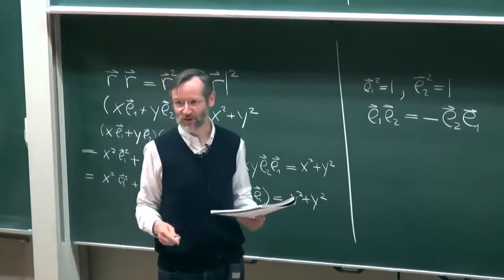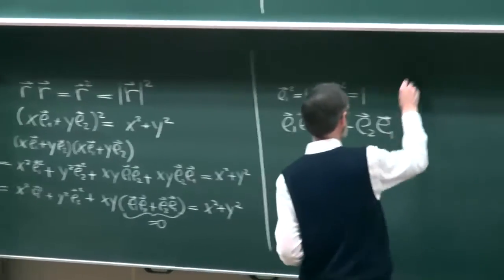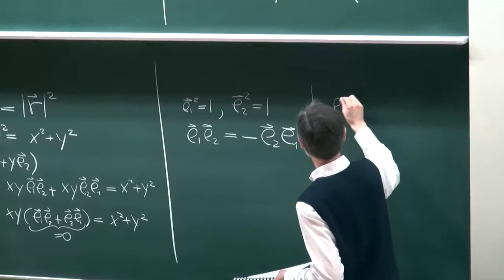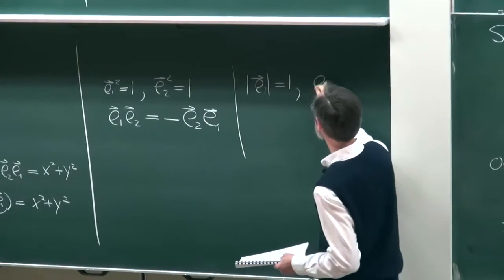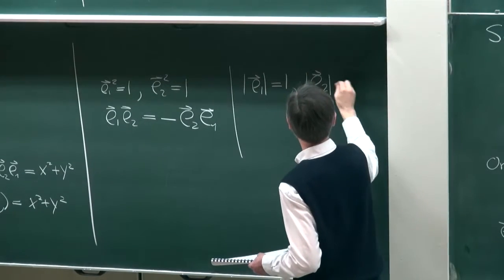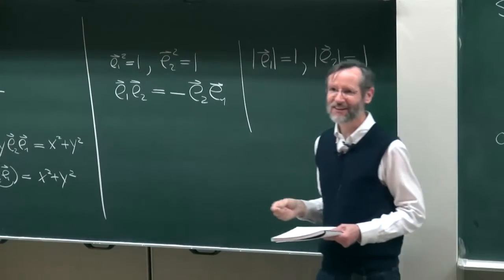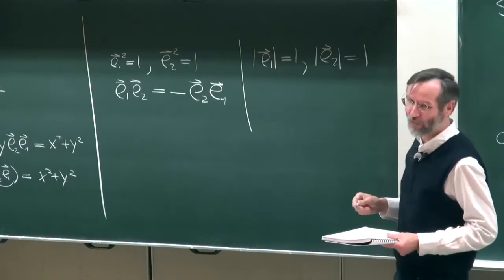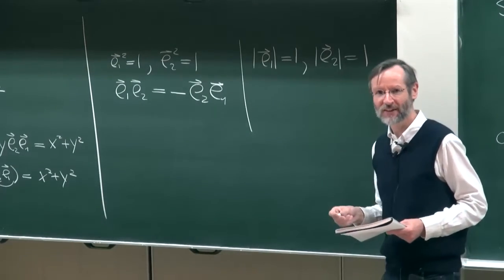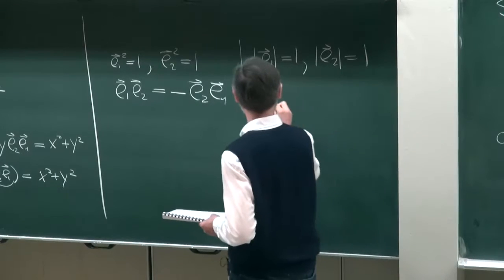And this corresponds geometrically to the following facts, that E1 has length 1, E2 as well has length 1, and the two vectors, as you know, I have computed that, are orthogonal.